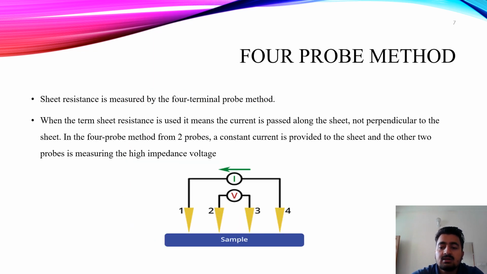Now, the other method for sheet resistance measurement is the 4-probe method. Generally the 4-probe method is used to measure the sheet resistance of nanomaterials.